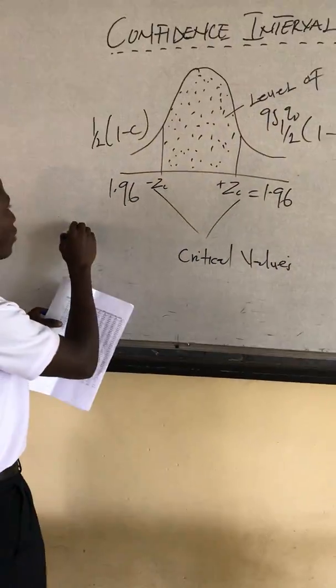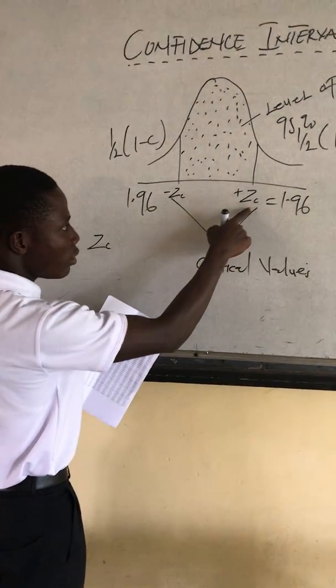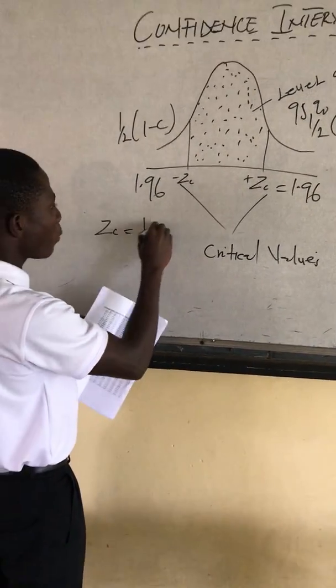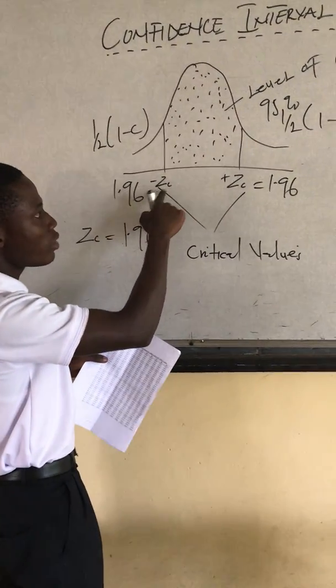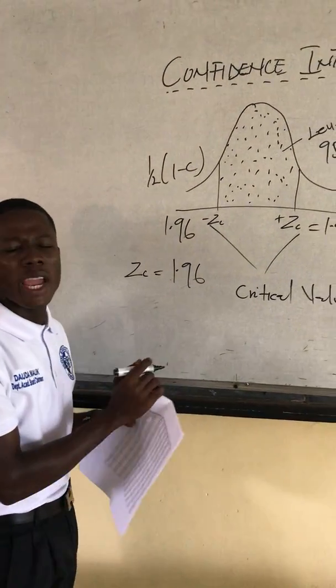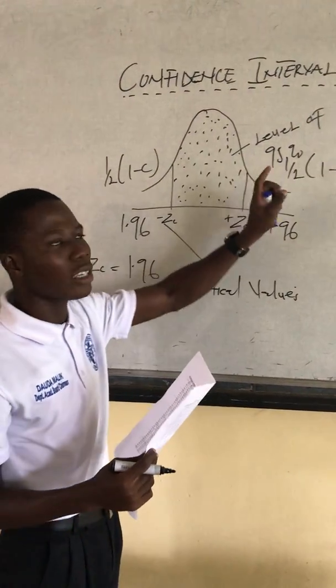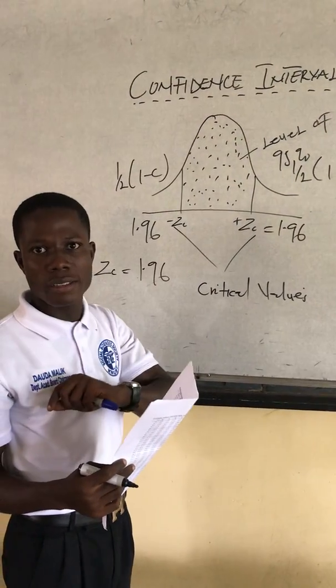So my Z of C, that's Z of confidence, is equal to 1.96. Anytime you are given 95% confidence interval, it corresponds to a Z of 1.96.